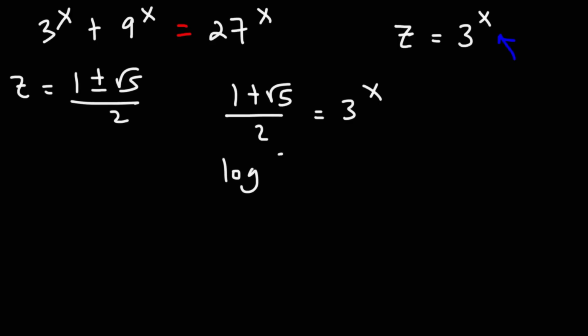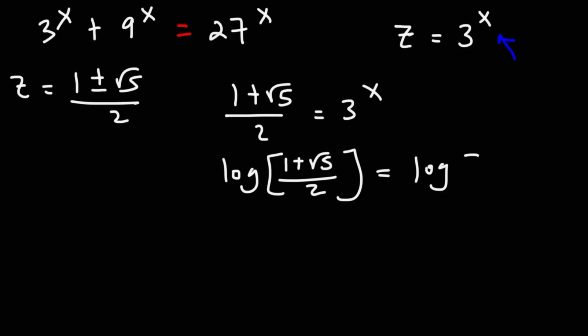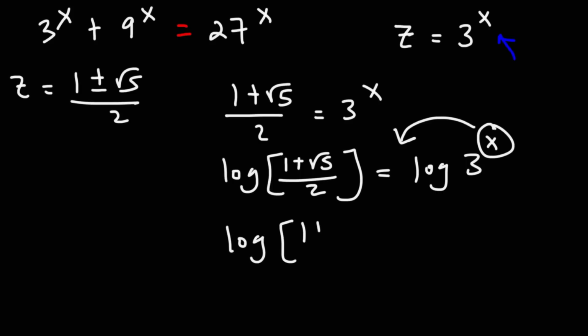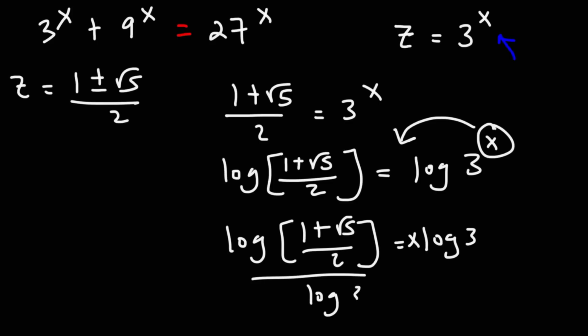To get x, we need to take the log of both sides. And then what we can do is move this exponent to the front using properties of logs, and we'll get x log 3. And then to get x by itself, we need to divide both sides by log 3.